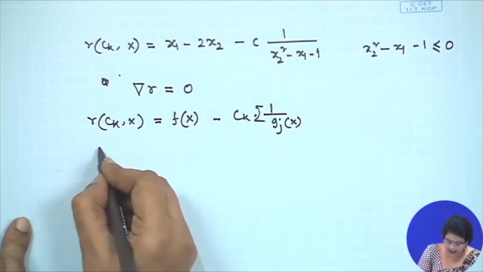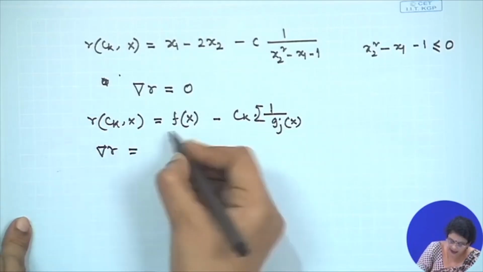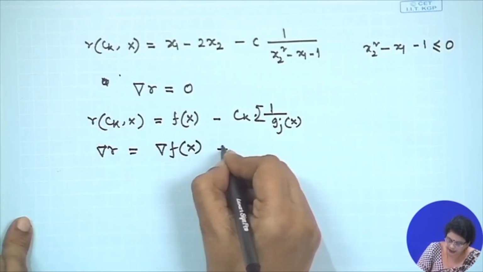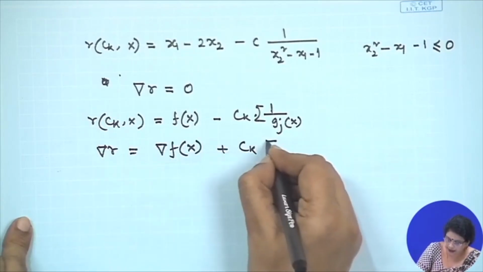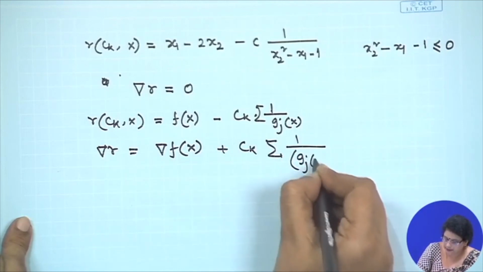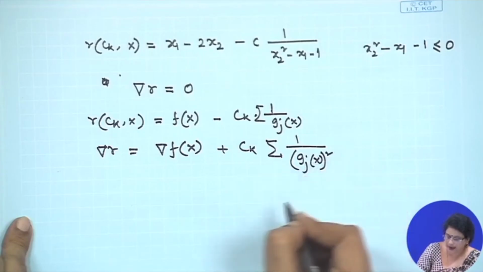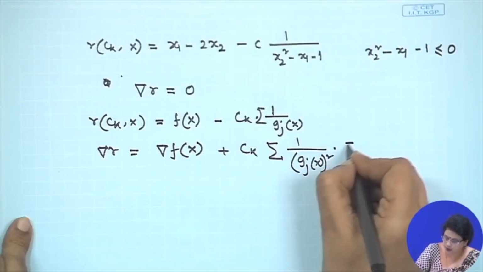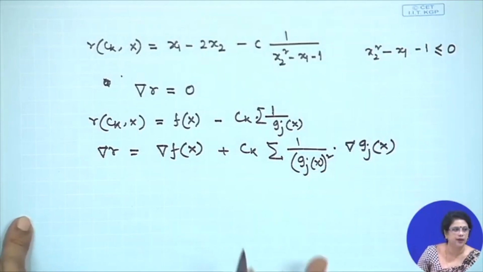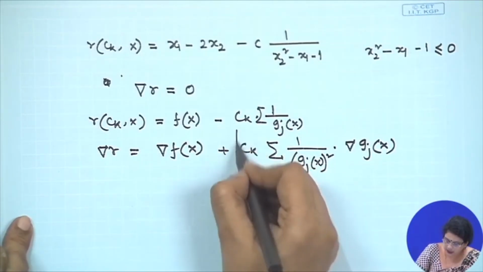And what is the grad r? Grad r is equal to grad f(x) plus c_k times the summation of 1 by g_j(x) squared into grad of g_j(x). Okay. Now, you see, look at this term.